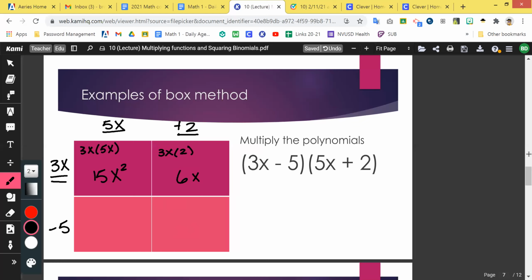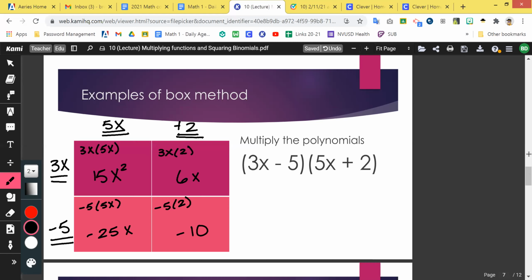Moving down to the bottom, we have bottom left, -5 times 5x. -5 times 5 is -25. The single x tags along. And our last square, we have bottom right, -5 times +2. That gives us -10.